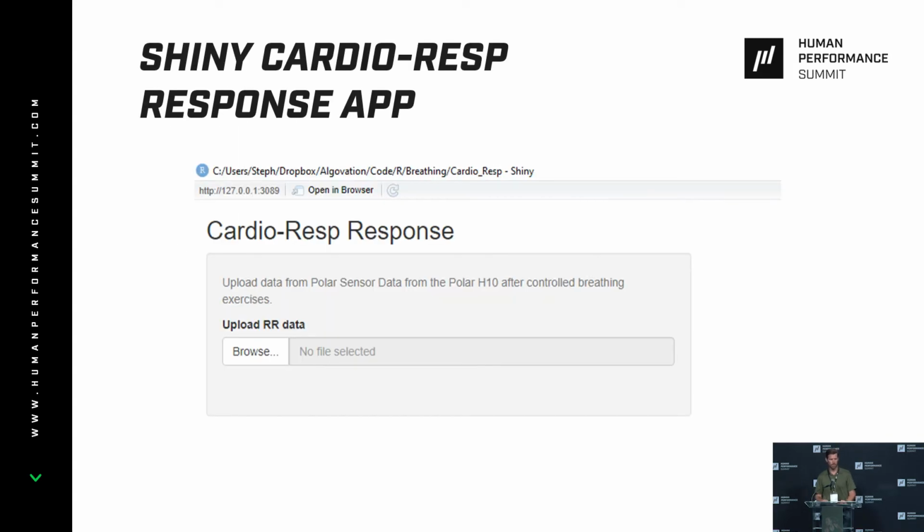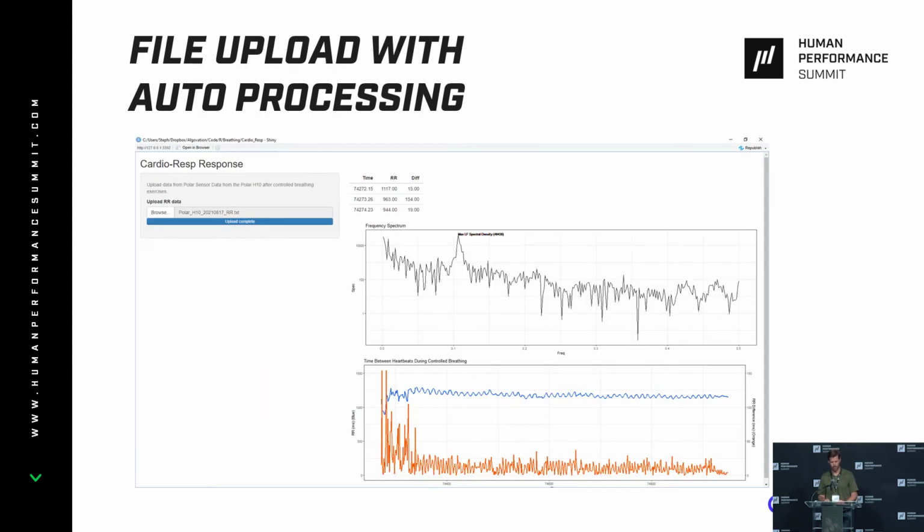So for this study, it's not even a study, we were trying to get a breathing cadence for optimal meditative reconditioning. So just with a Polar H10 heart rate strap and an app that collected raw data, you could do a breathing cadence and find out how fast your heart rate variability dropped down to 0 and what the peak spectral density is.